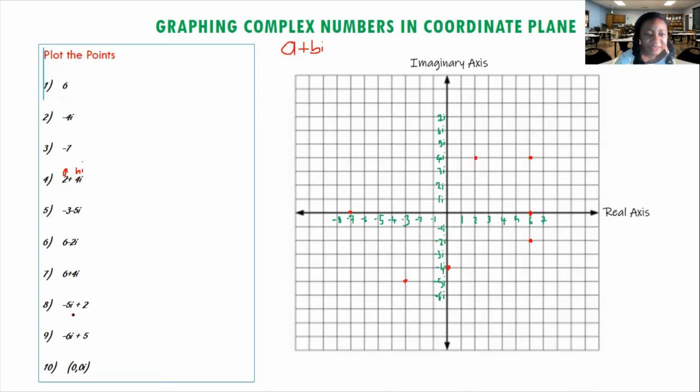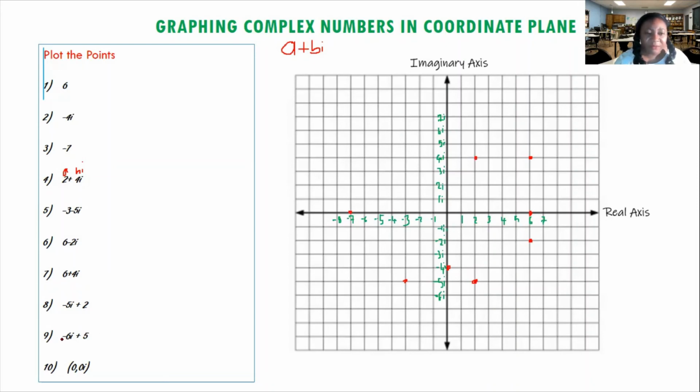As you can see, the real part does not have the unit i. So the real part 2, we're still going to find it first. It's going to be 2 on the real axis. And since it's a minus 5i, we know we're going to go down to this point here, negative 5i. So 2 on the real and negative 5i.